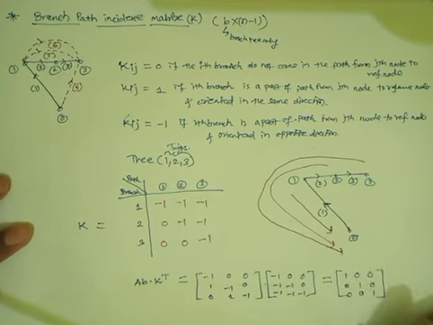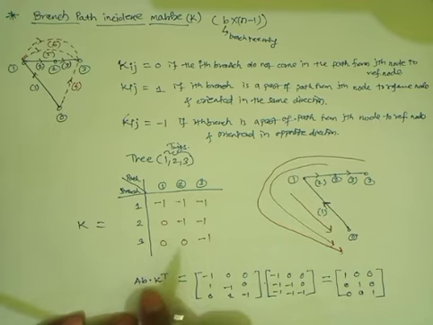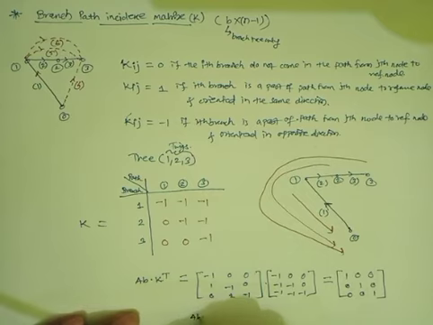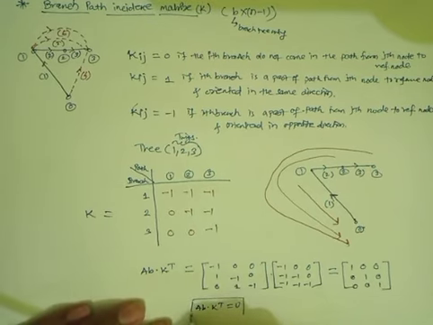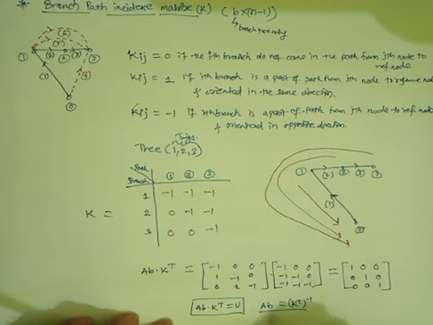What you get is the unity matrix after multiplying AB with K transpose. So AB dot K transpose is equal to U, the unity matrix, or AB is equal to K transpose inverse if you shift K transpose to the other side.